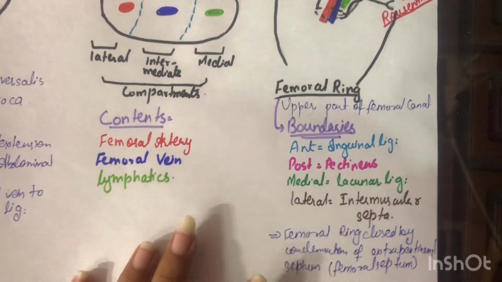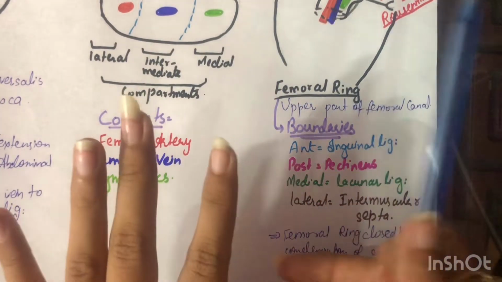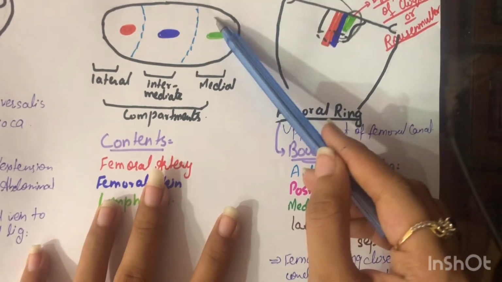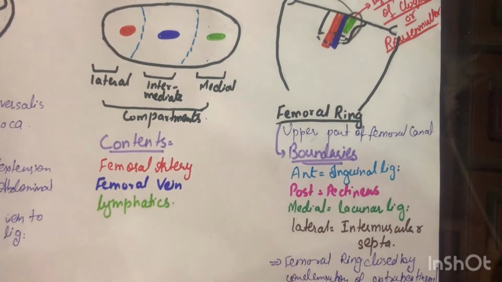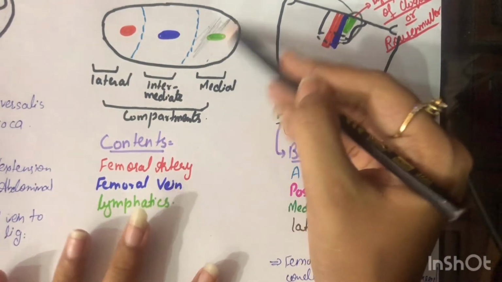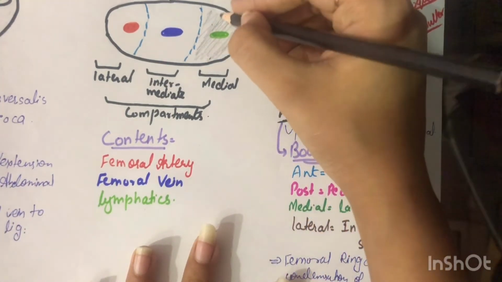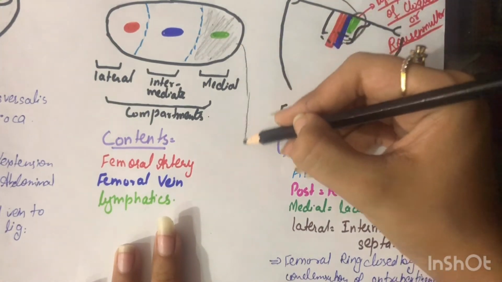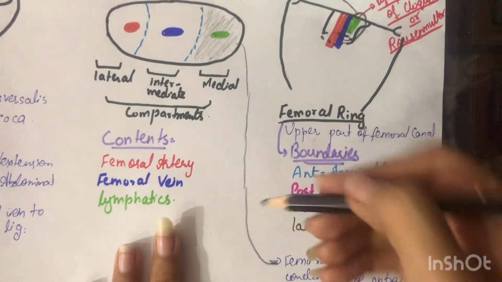What happens is basically the femoral septum forms a condensation, and then it closes this part here. So let me draw it here. It is closed by this condensation of the femoral septum, right.